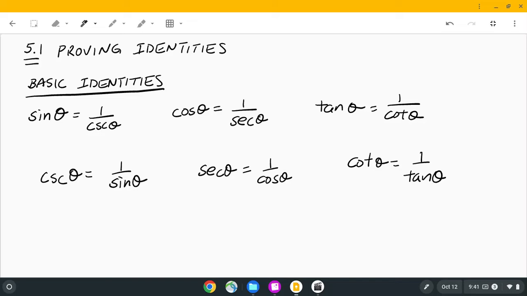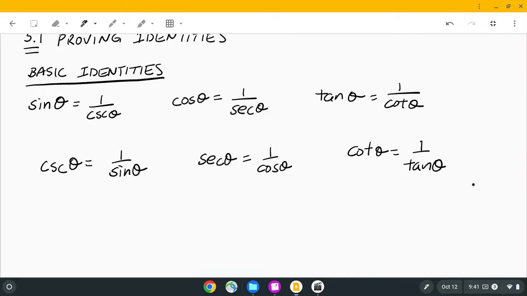It's important that you understand that when you're proving these identities and you see a reciprocal like 1 over sine, you change it to cosecant, or if you see 1 over cotangent, you can switch it to tangent. Generally, not always, but most of the time, whenever we see a 1 over a trig function, we try to rewrite it the other way.